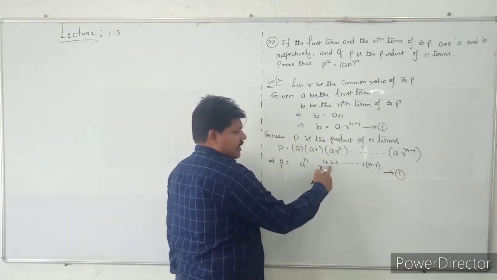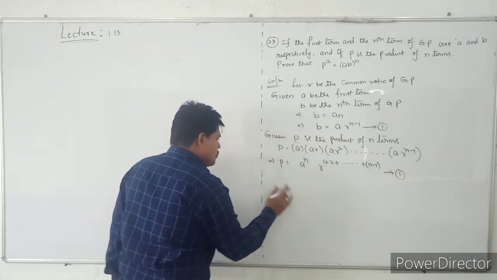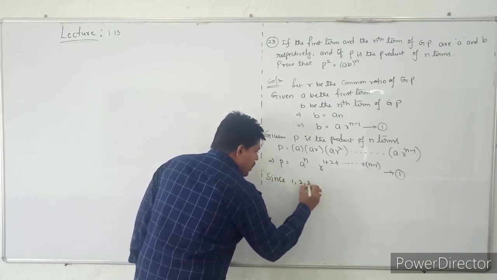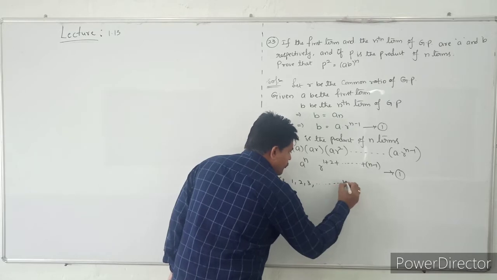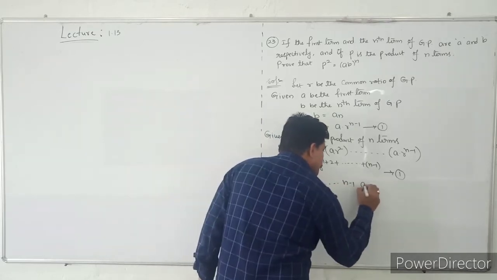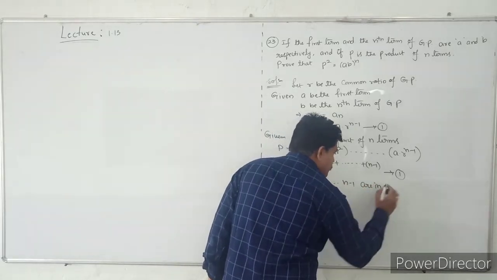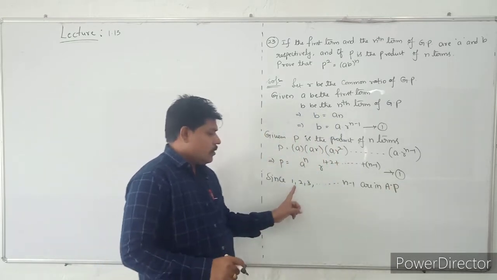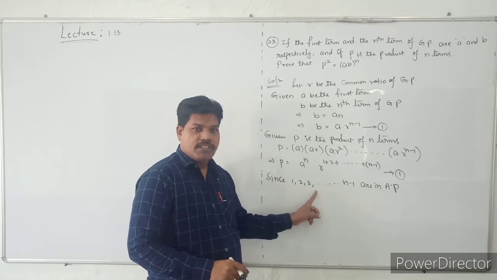Why? Because I am calculating the power of R. Since 1, 2, 3 and so on up to n minus 1 are in AP, arithmetic progression, yes or no? 1 plus 1 is 2, 2 plus 1 is 3 and so on.